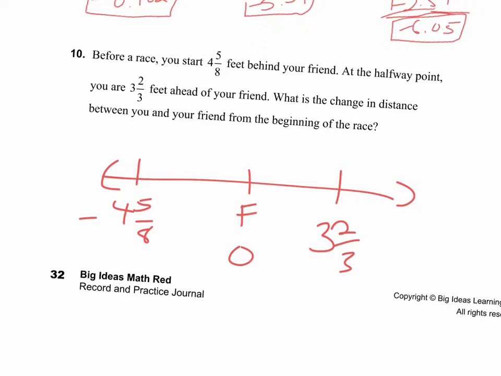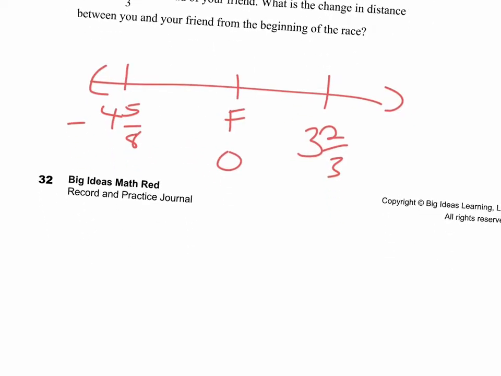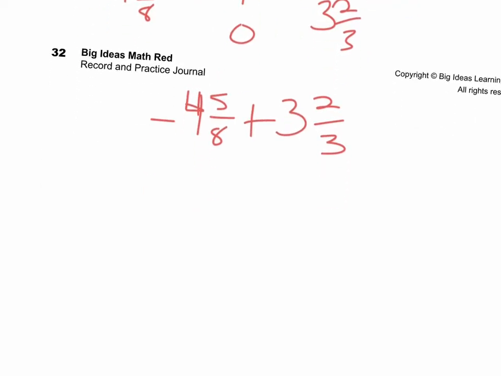So we're going to do addition. We're going to take negative 4 5/8, and we're going to add the 3 2/3. First step, let's make these improper, just to make it easier. So 8 times 4 is 32, plus 5 is 37. And then 3 times 3 is 9, plus 2 is 11.